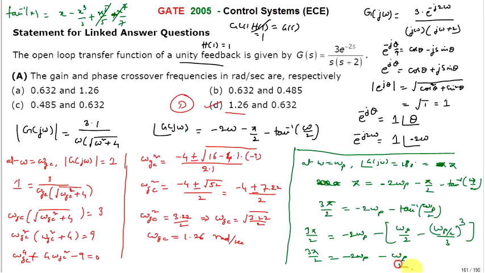So 3 pi by 2 is equal to minus 2 omega p minus omega p by 2, and minus into minus becomes plus, omega p cube divided by 2 cube is 8, 8 into 3 is 24.